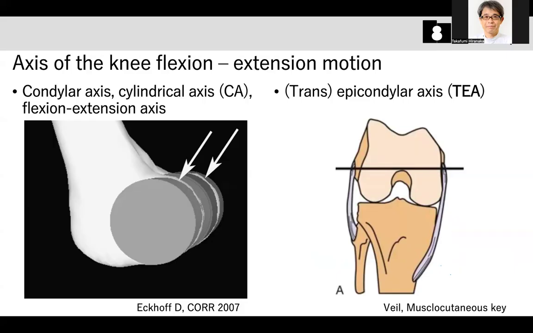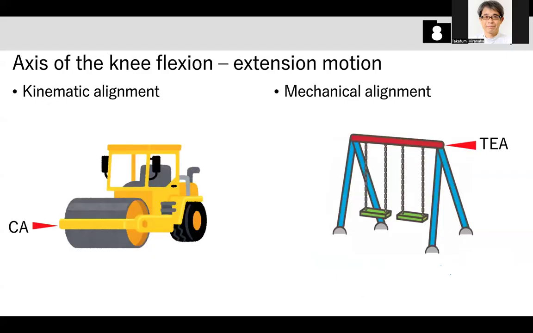So this is the difference. Why does such a difference arise? Because the concept of flexion and extension is quite different. In the kinematic alignment, the knee moves around the femoral component.